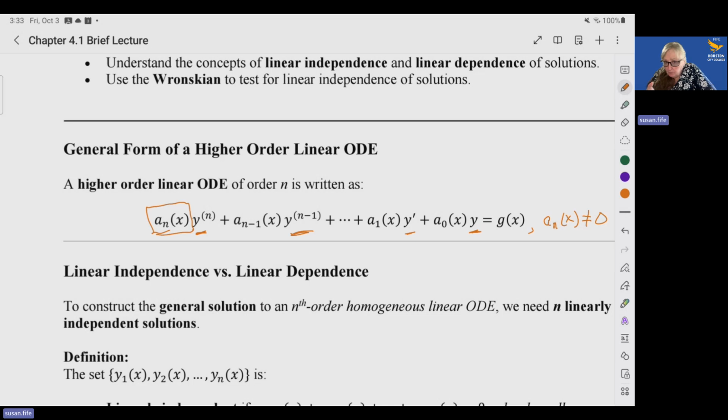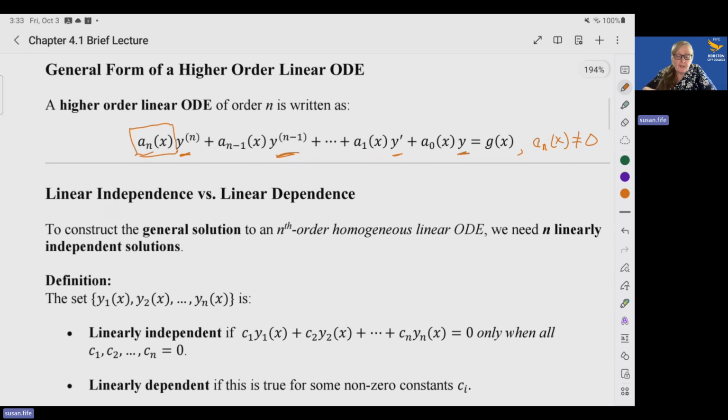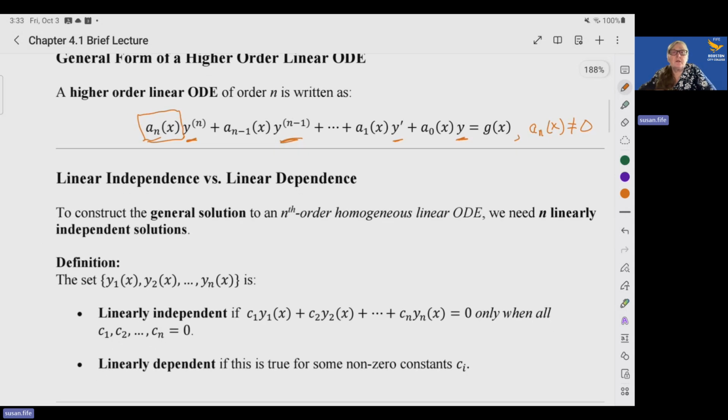But in general, this is our definition for a linear ODE: we have those derivatives multiplied by some function of x, or by a constant, which could be a function of x. So we're going to solve nth order ODEs.